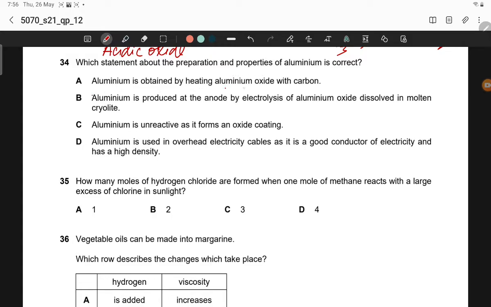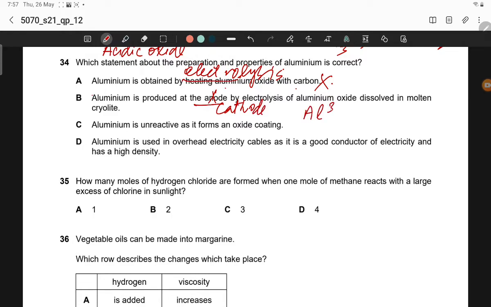Which statement about the preparation and properties of aluminum is correct? Aluminum is obtained by heating aluminum oxide with carbon. Incorrect. It is obtained by electrolysis. Aluminum is produced at the anode. It is not produced at the anode, it is at the cathode by electrolysis of aluminum oxide.